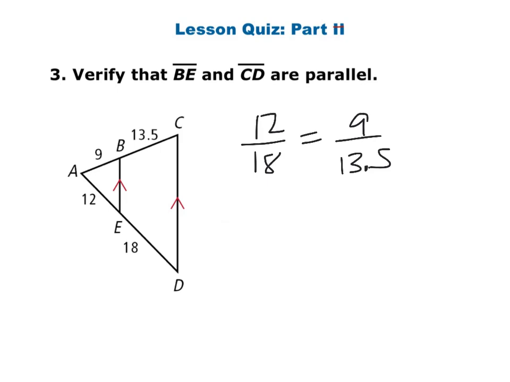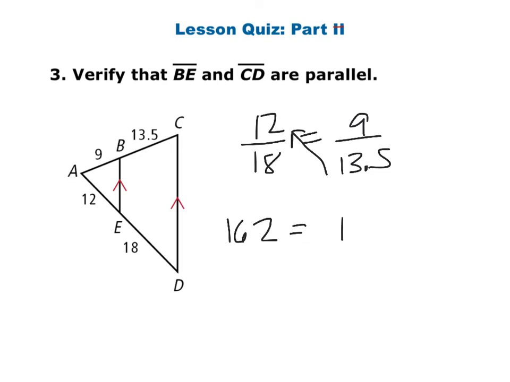That would be the same. So what can we do? Should we simplify it or cross multiply? Cross multiplying would probably be easier here because we have a fraction on the bottom. So let's cross multiply. Since you guys have a calculator now, what's 12 times 13.5? 162. And what's 9 times 18?